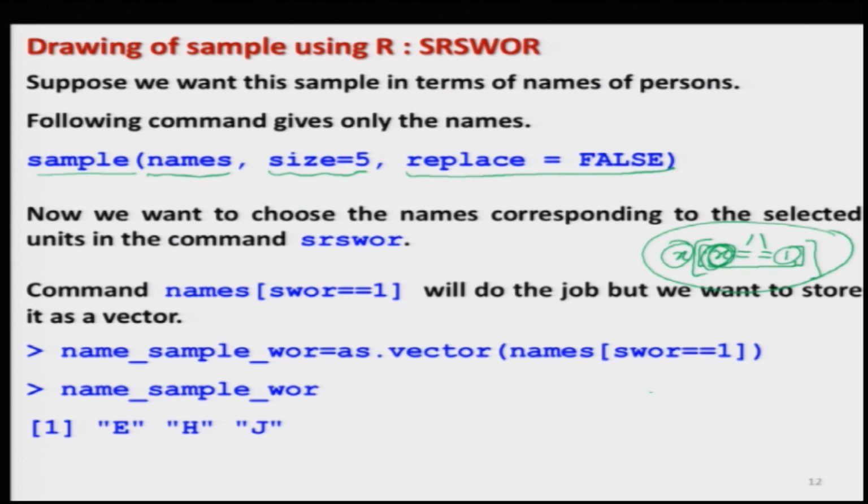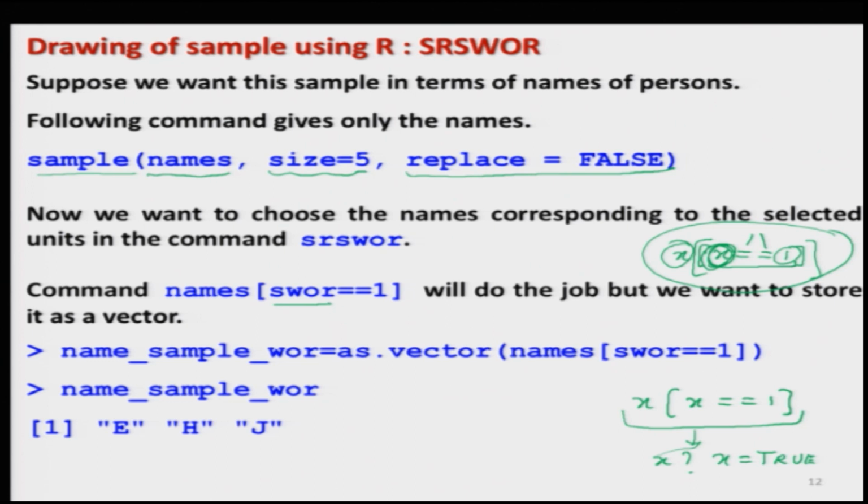So, if I write it here neatly, this command is going to tell us what are the values in the vector x corresponding to which x is equal to 1. This logic can be used over here, and now I have a data vector SWOR where I have zeros and ones.